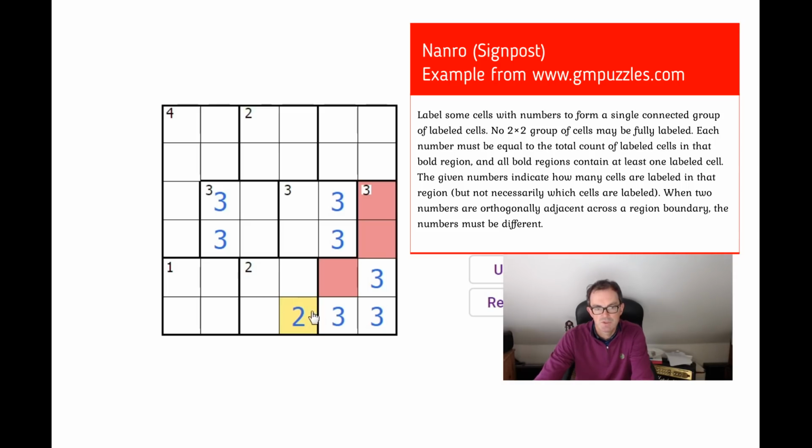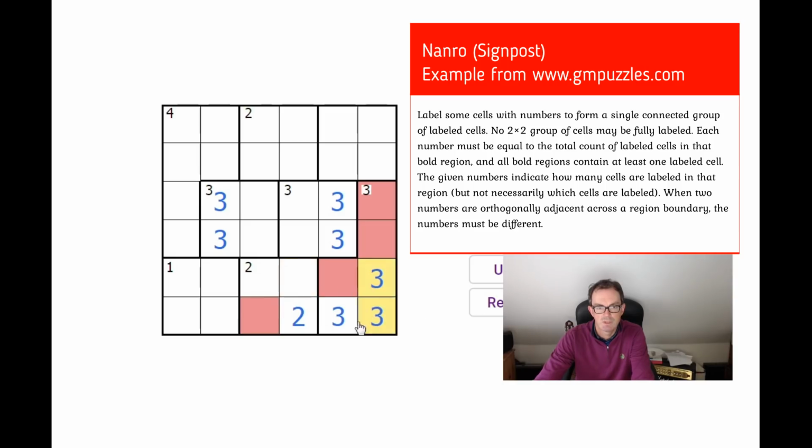Now we can extrapolate this slightly. If the other cell in this 2x2 group was this one, then because this box is a 1, we could put a 1 here, but this area would be completely broken off from the rest of the puzzle. So we know this square, in fact, definitely is not a 2.